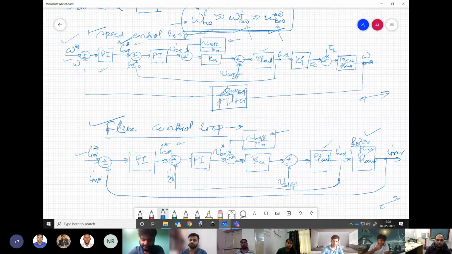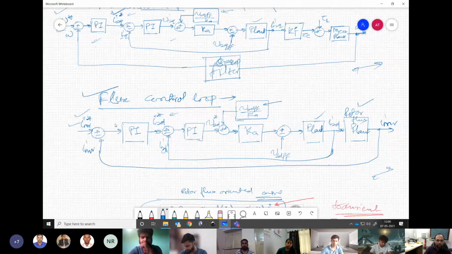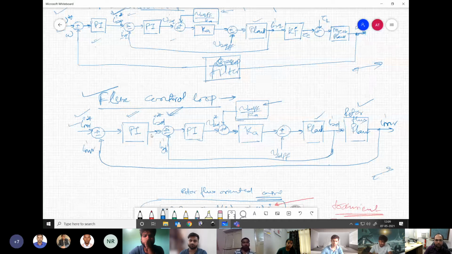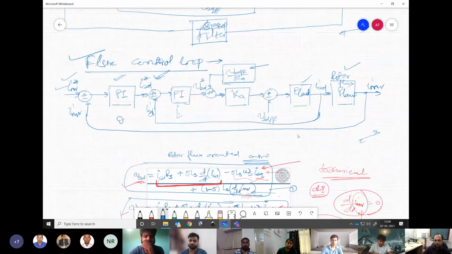So we have omega and ISQ as outer and inner control loops. And second is the flux control loop, where we have IMR reference given, and after the PI flux controller, we have ISD reference generated. So IMR and ISD are the outer and inner control loops. These are the 2 major control loops we have to design.